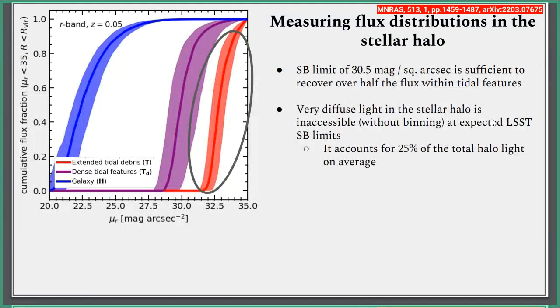For the much more diffuse light, without any kind of binning or other processing, it is essentially inaccessible at LSST's realistically achievable surface brightness limits. But this is a component of the stellar halo that accounts for about a quarter of the total light. So most of the light, in Milky Way mass galaxies and below, not in more massive galaxies or clusters, is within these dense tidal features.